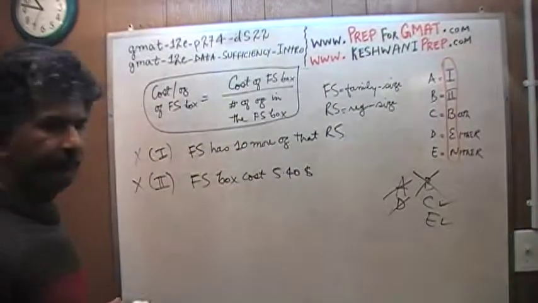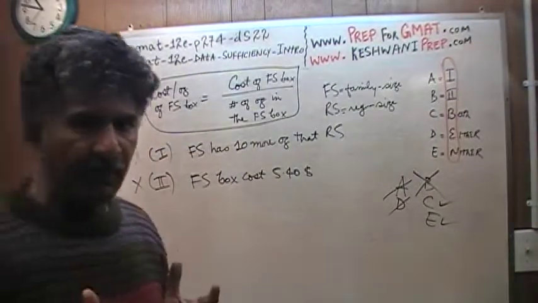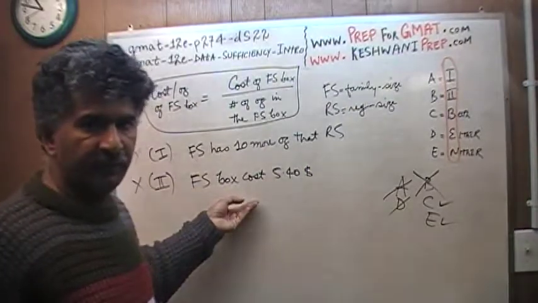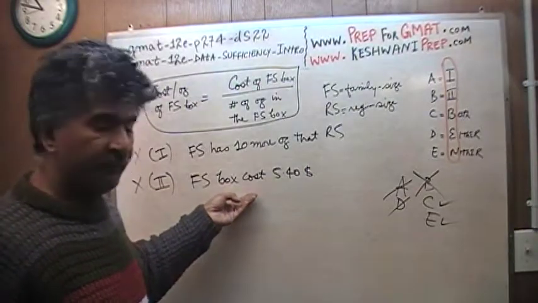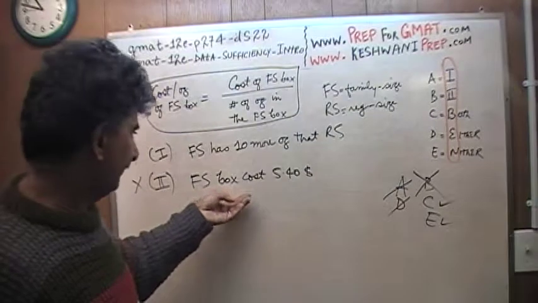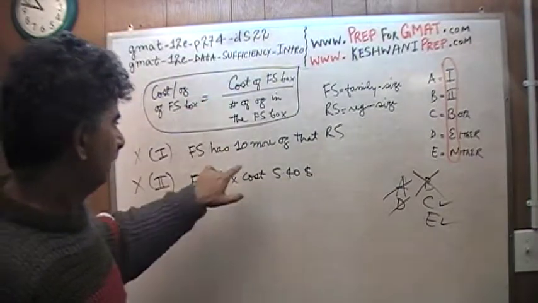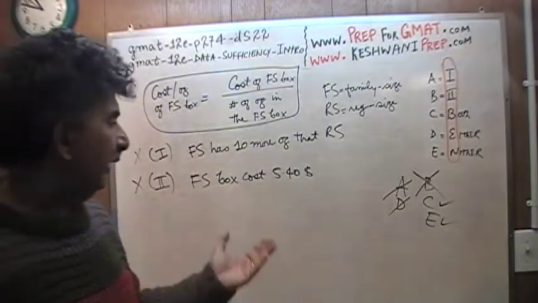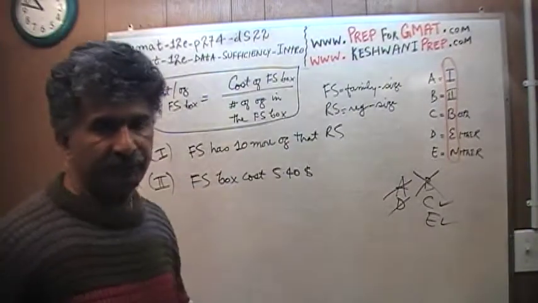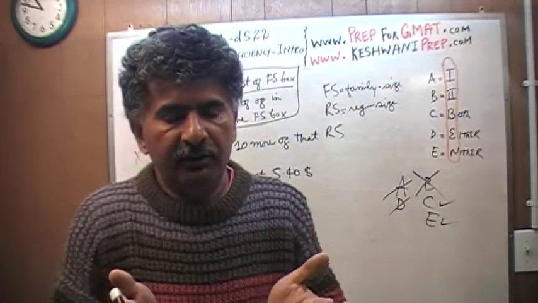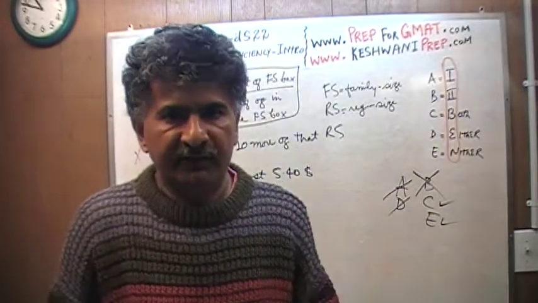Let's put them together. Putting them together, does that help? Not really. The second statement does give us enough information about the price of the box. It says right there the cost is $5.40. We need to figure out the size of the box, and the first statement does not tell us that. The first statement does not tell us how many ounces there are in a family size box.